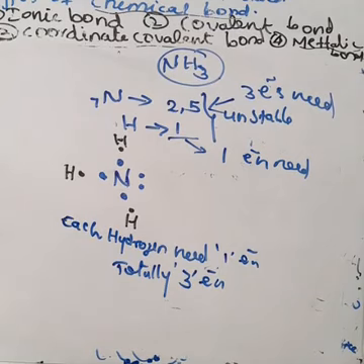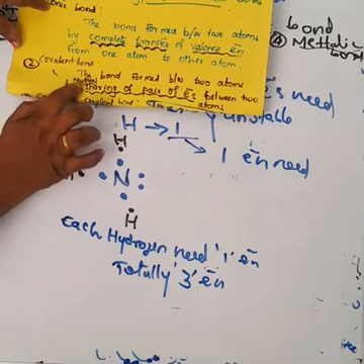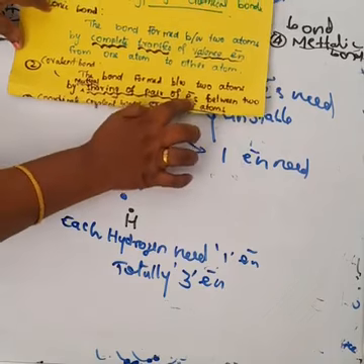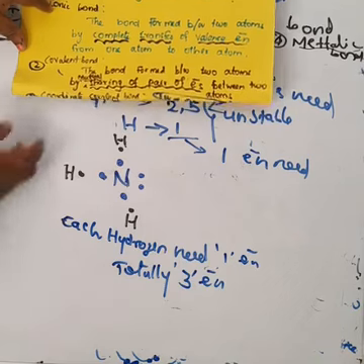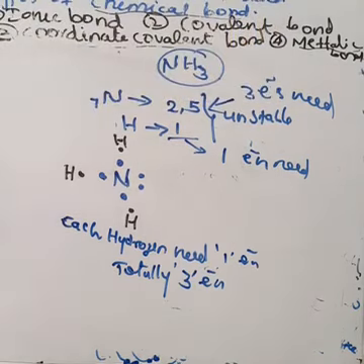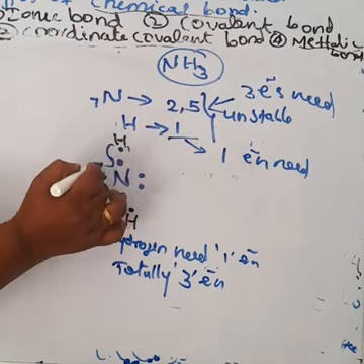What do you mean by covalent bond? Covalent bond means the bond formed between 2 atoms by sharing of a pair of electrons. Here sharing takes place from here, here, here.